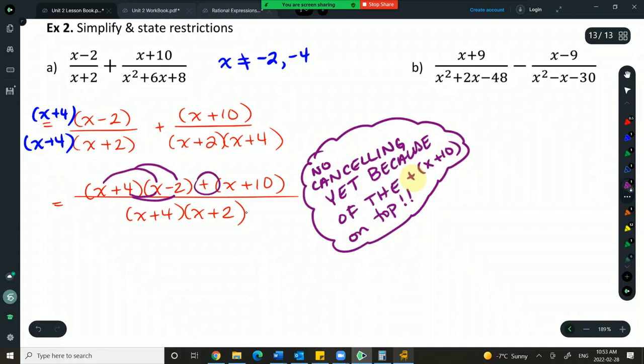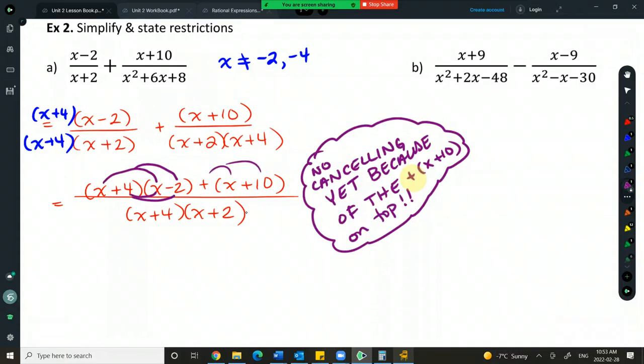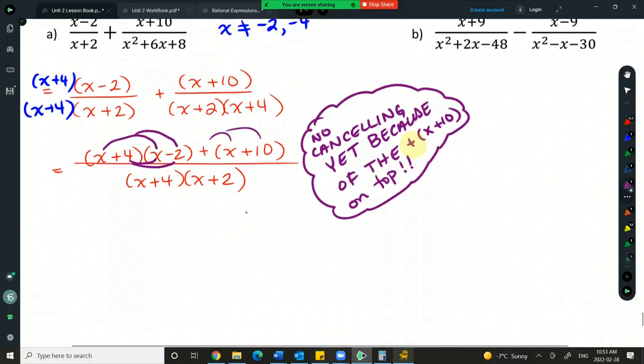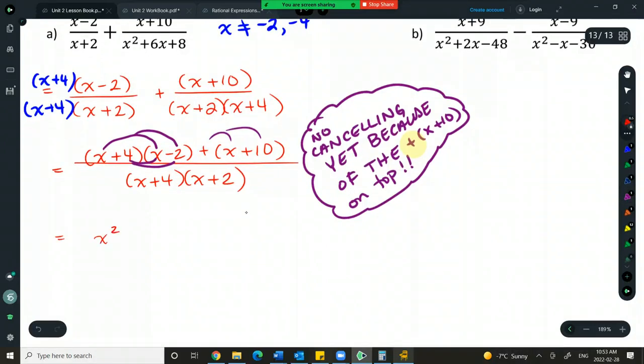And this is really just like a plus 1. So technically, I guess we're multiplying by positive 1, but we can just drop those brackets there. Okay, so I'm going to get x squared minus 2x, first outside inside last, plus 4x minus 8 plus x plus 10.